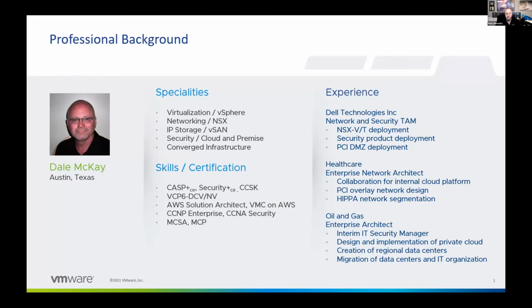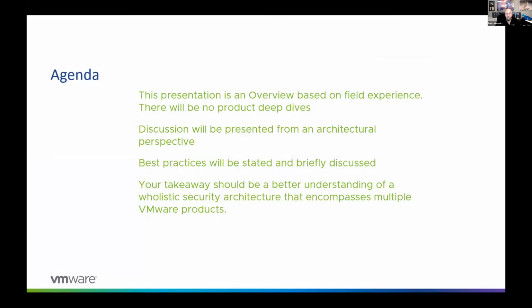So what I wanted to do today was not bring you a marketing presentation, but rather talk in depth about some of my field experience working with these customers, and give everybody a nice overview of the security architecture that you can develop using the various VMware security products, from Carbon Black to NSX to Secure State.